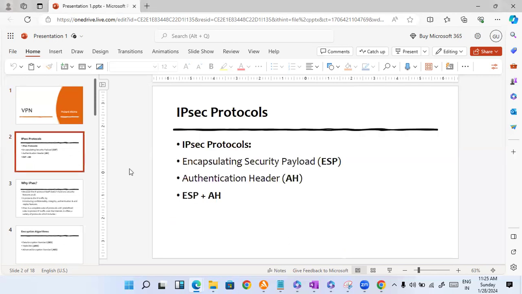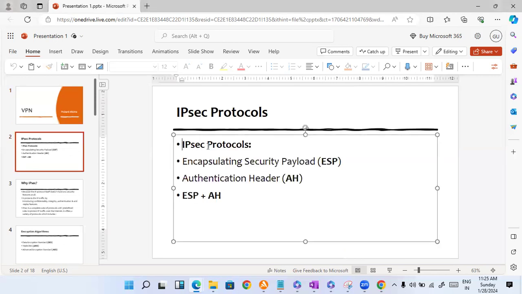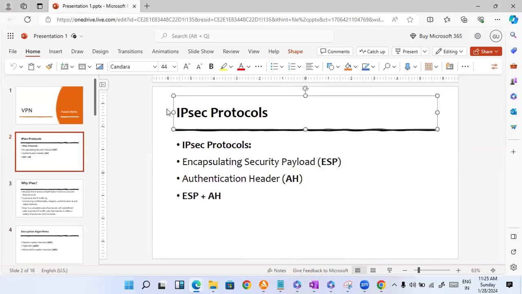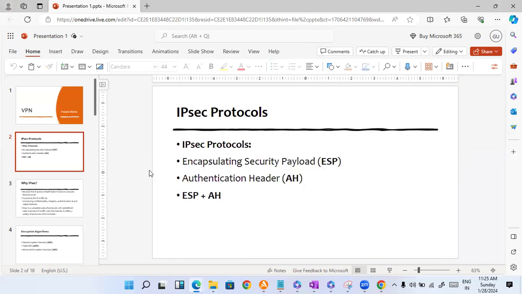It was designed to include two major protocols in IPsec. I'm talking about point to point VPN first, and then I will explain the reason for remote VPN, which means end user VPN.